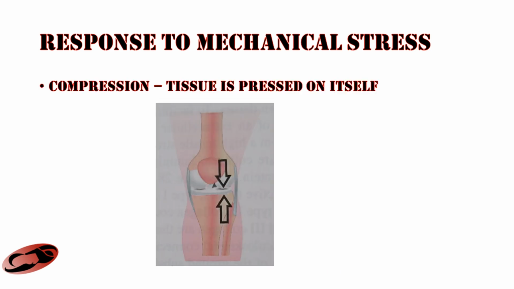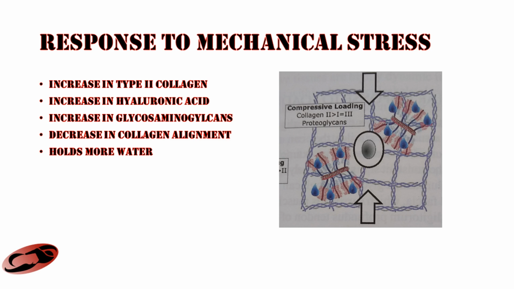Next we have compression, where the tissue is pressed on itself. The example we see here is cartilage in the knee, subjected to the compression of gravity and the weight of the body. Under compression, we see an increase in type 2 collagen, and this results in a secretion of proteoglycans, which have hyaluronic acid, which acts as a lubricant, and glycosaminoglycans, sometimes abbreviated as GAGs.